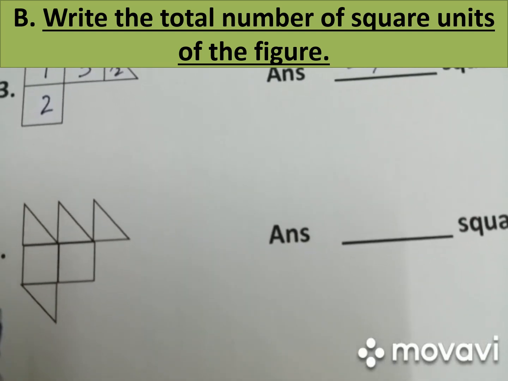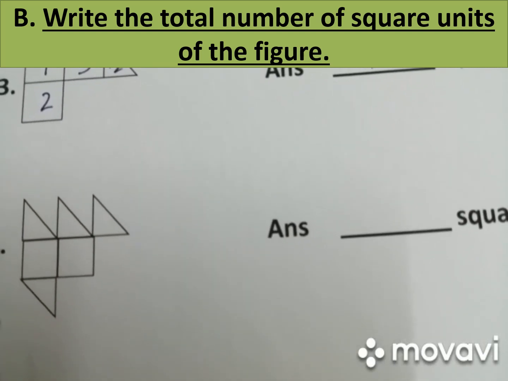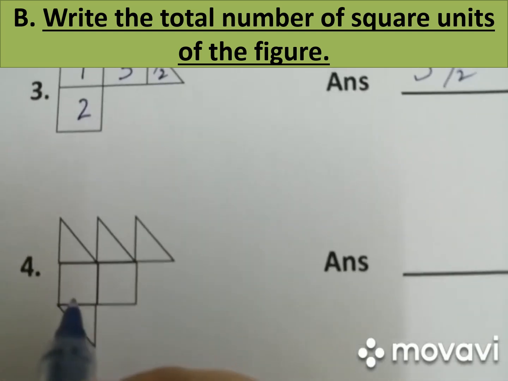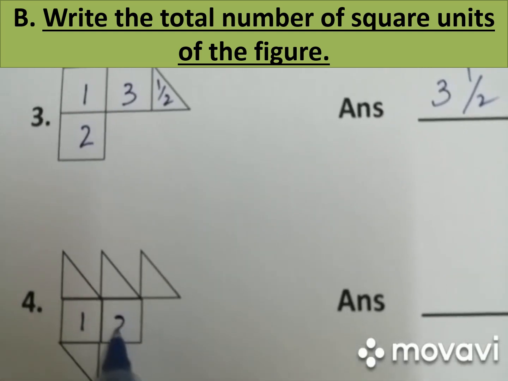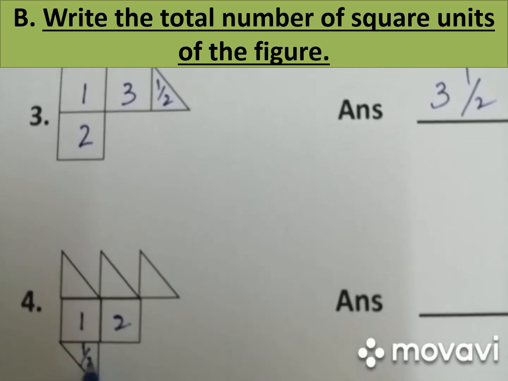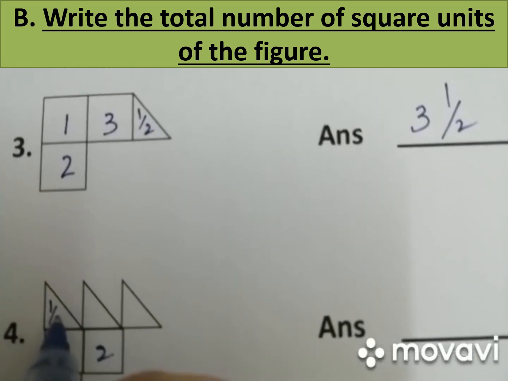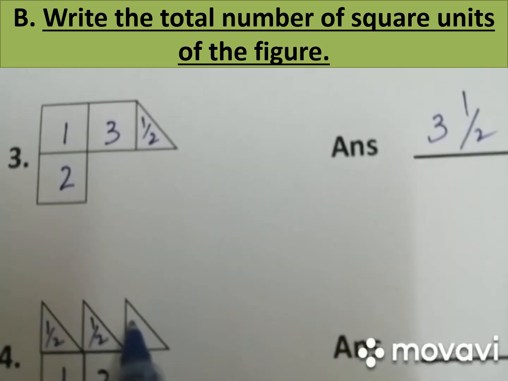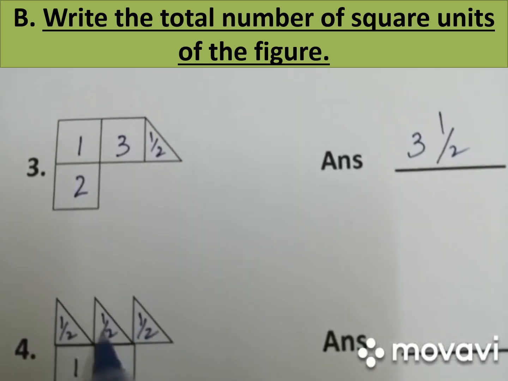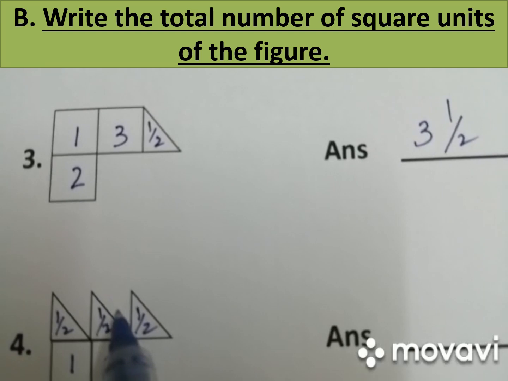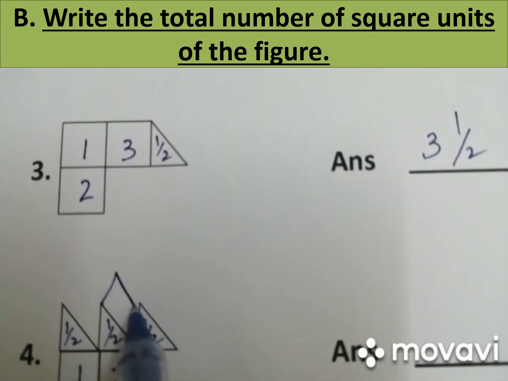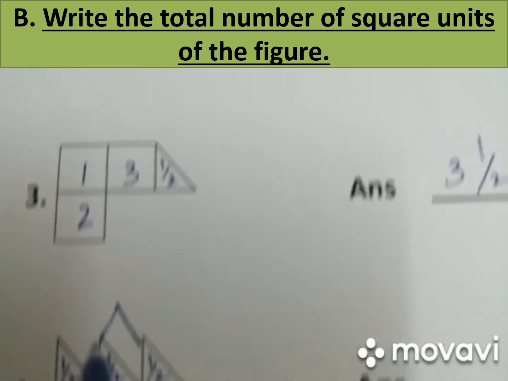How many are here? See, it is just here. I will write here 1, 2, and here how many? It's just half. It's just half, half and half. That means when it is half, two triangles make up a 1 square.